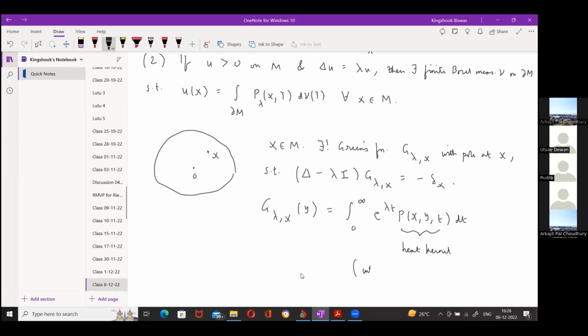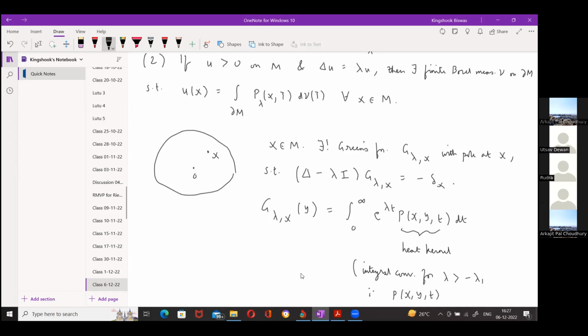This integral converges for lambda bigger than minus lambda 1 because this heat kernel satisfies a decay in the t variable.